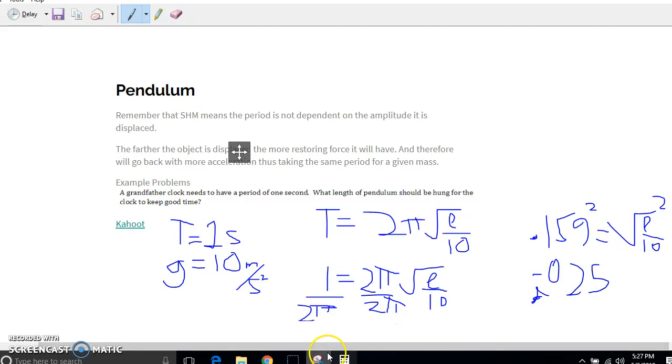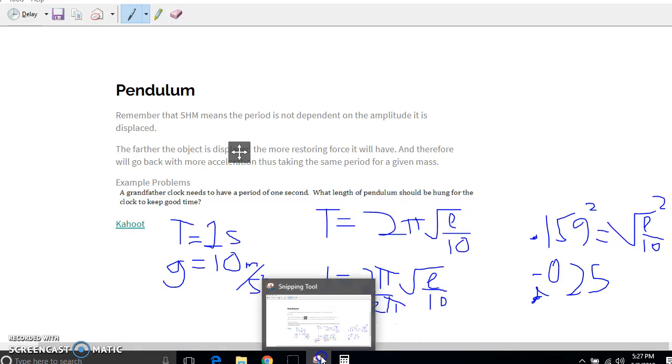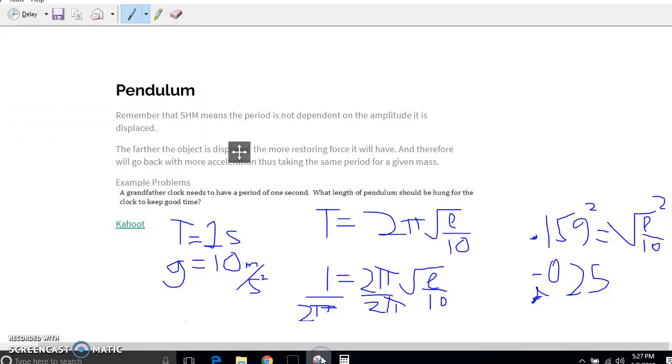Sorry, it's not easy to write this way, but at least I'm writing. Okay, 0.025 is equal to L over 10. And I'm dividing by 10 on this side, so I have to multiply by 10 over here. So I should get an answer of 0.25 meters.